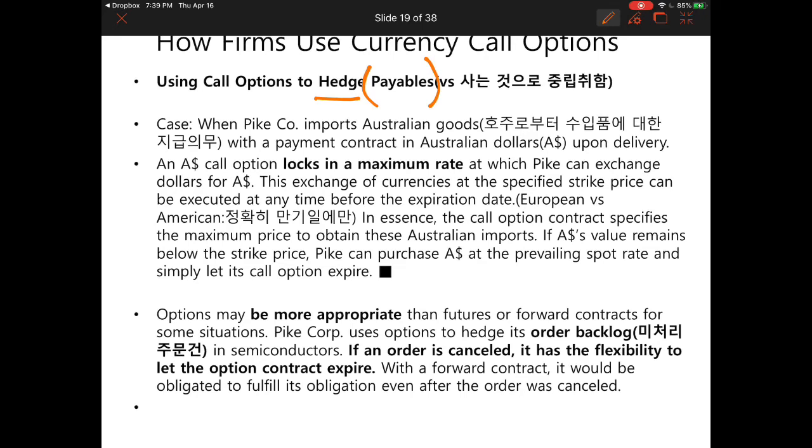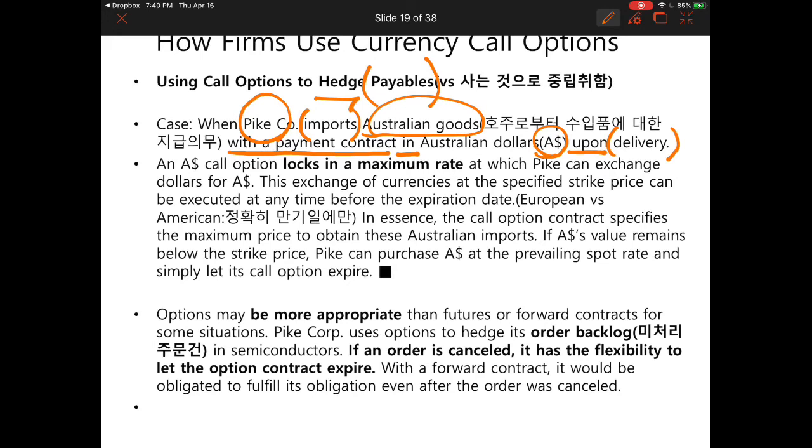Let's suppose you are the owner of Pi Corporation, a U.S. corporation. This firm imports Australian goods with a payment contract denominated in Australian dollars upon product delivery.